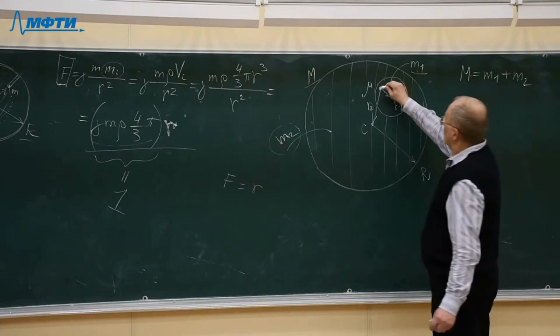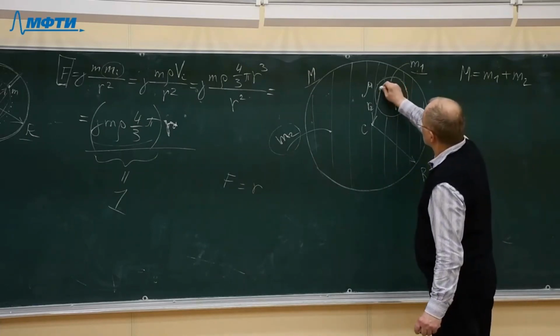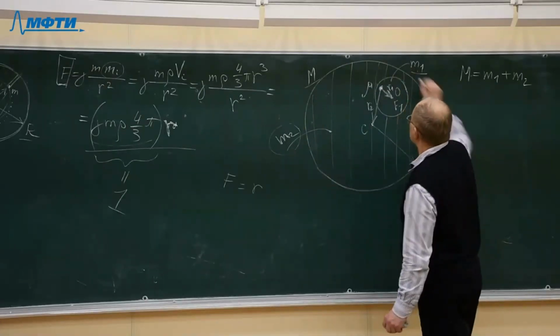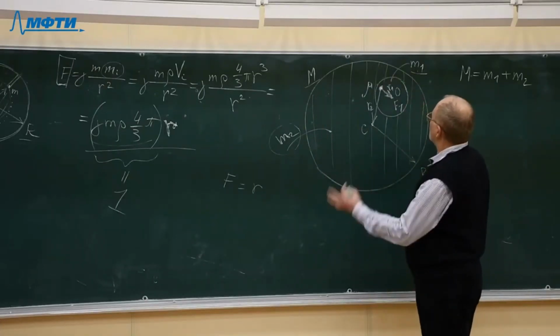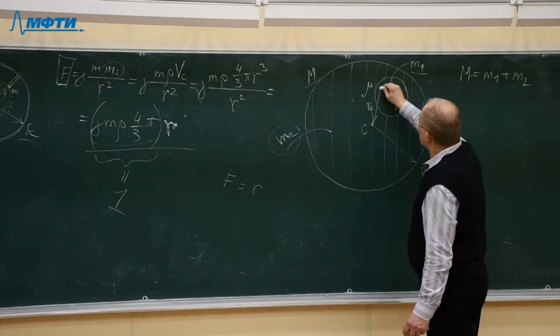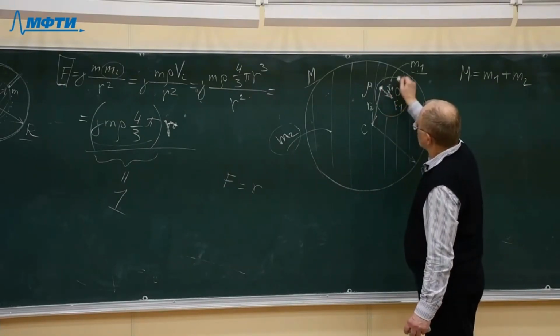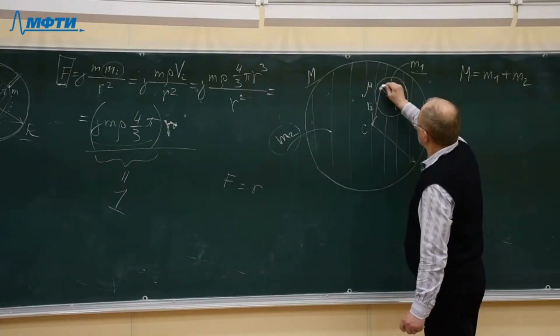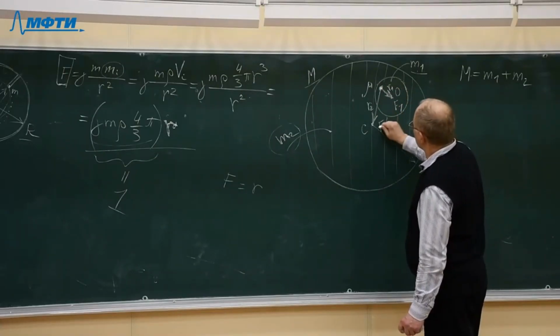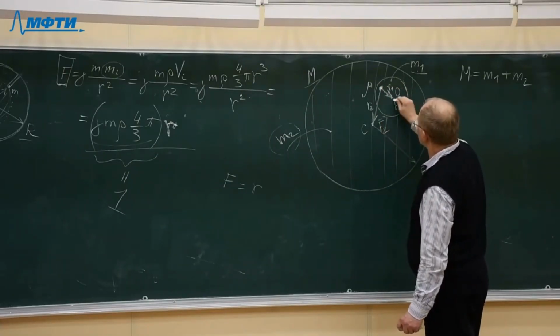Also, there will be another force of interaction between the mass mu and the total sphere. I can imagine now that I switch on the total sphere, uniformly filled with mass. Then the force of interaction of this point mass with the big sphere will be equal to this radius. That will be a vector quantity, and F1 is also a vector quantity.